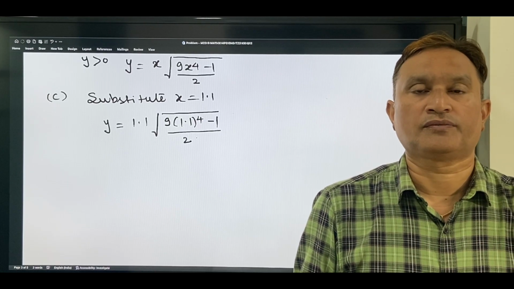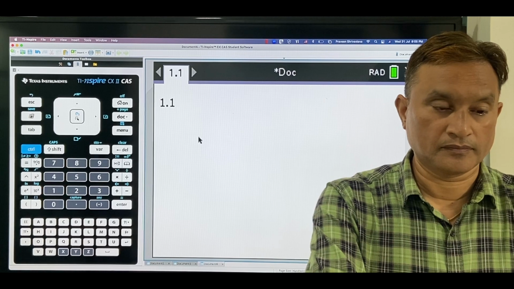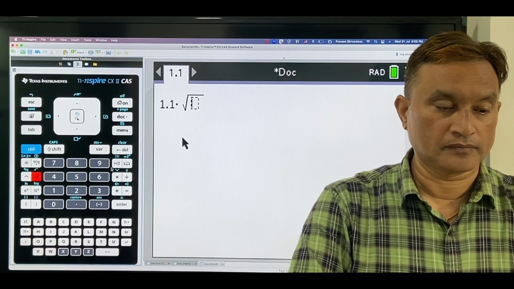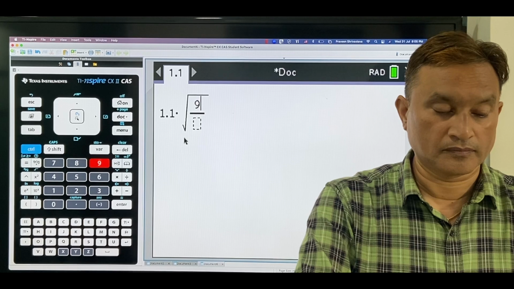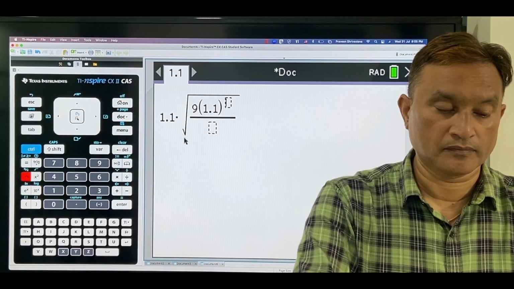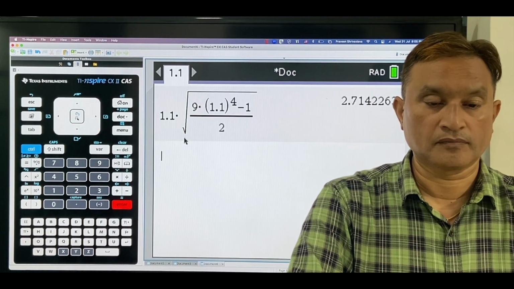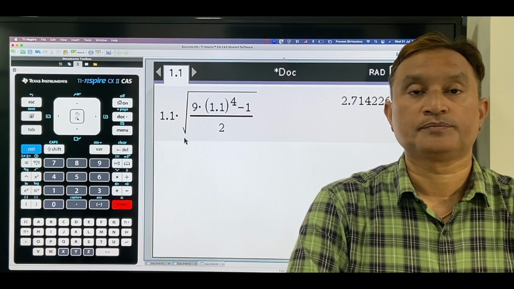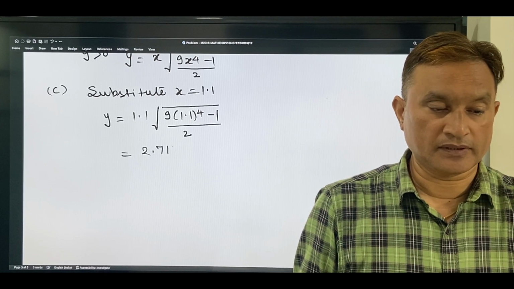Now we will use calculator to find out the answer. So the answer is 2.714.